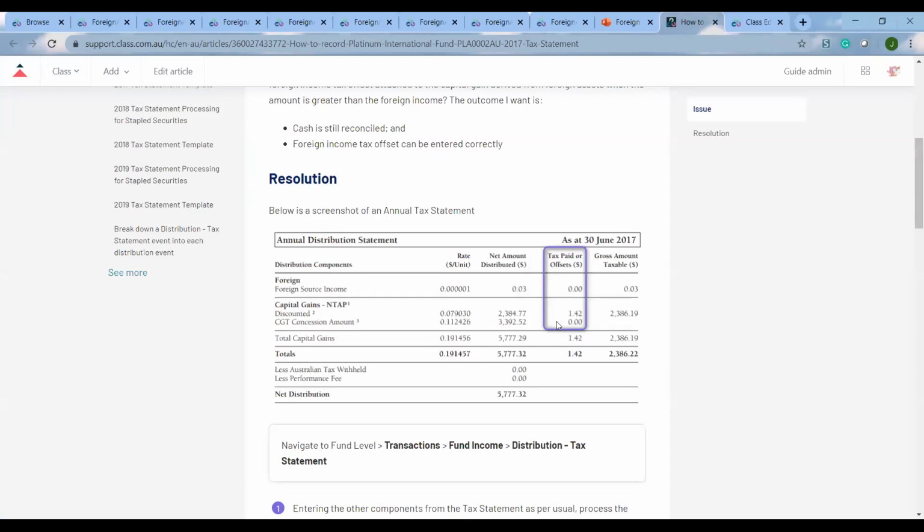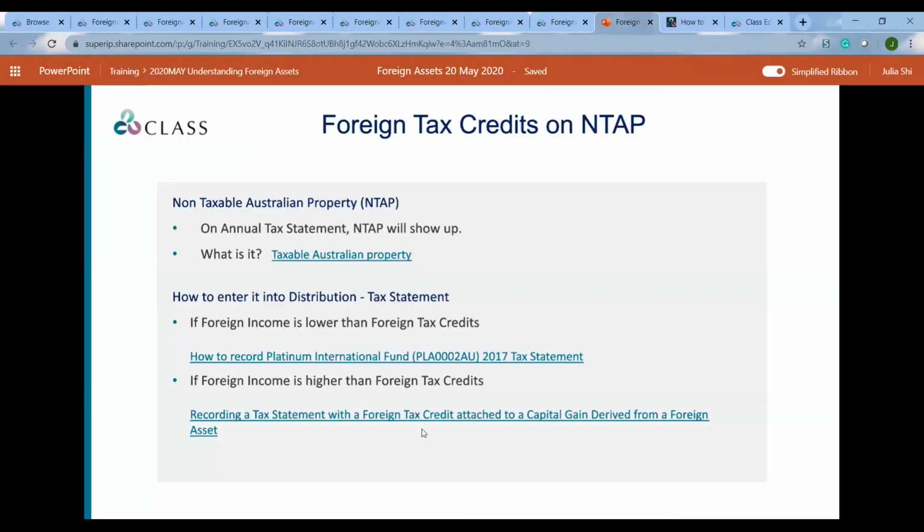Because Class in the distribution tax statement event doesn't have an extra field under the capital gain to put in the tax offset, we came up with two workarounds for you to take these credits up. One is to include it in the foreign income, but reduce the capital gain, and the other is to keep the capital gain and also reduce the actual total foreign income.